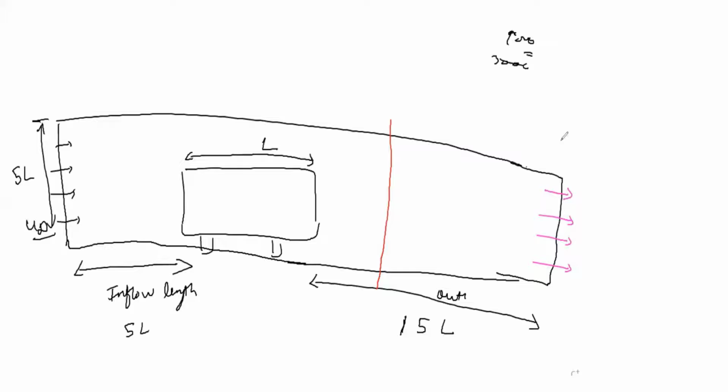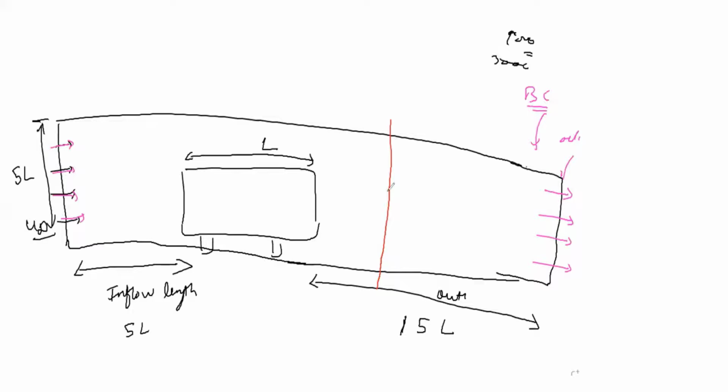It means Converge has assumed that this is the outlet and flow will come like this, because that is my boundary condition. I have told my solver that this is the outlet. Outlet means flow should come out of the domain and not come into the domain. And inlet means flow should come into the domain and not go outside the domain.